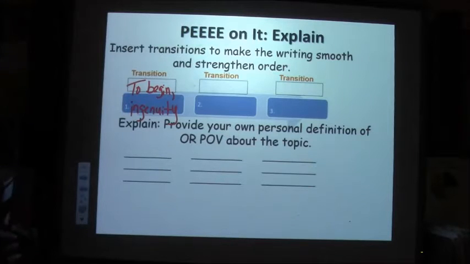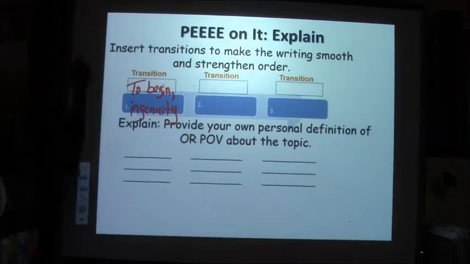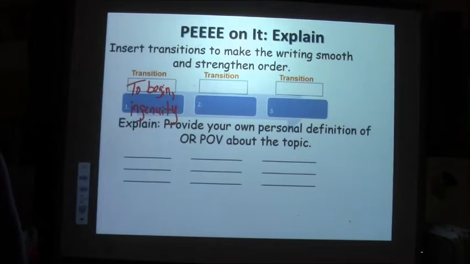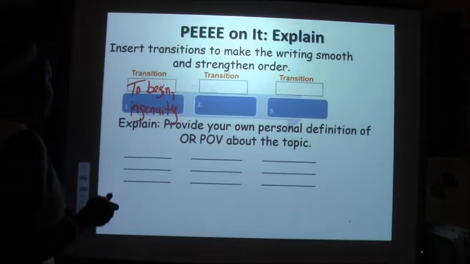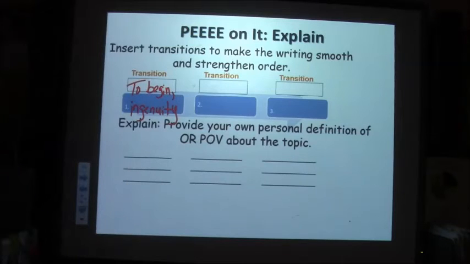So at this time, you can have your student put their first point, and if they can think of a transition, they could go ahead on and put it in. If they can't, that's not a big point, because we are going to come back to that in another step. And if they want to go ahead on and fill that in because they got a good one in mind, they can. And notice, you don't have that many lines because this is a map. You're not trying to write your whole sentence and whatnot out here. Okay?